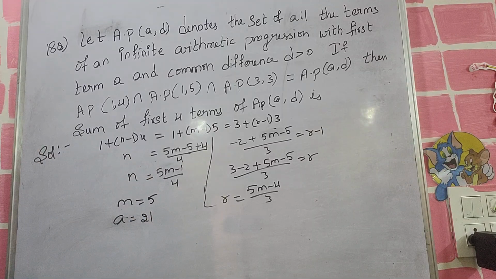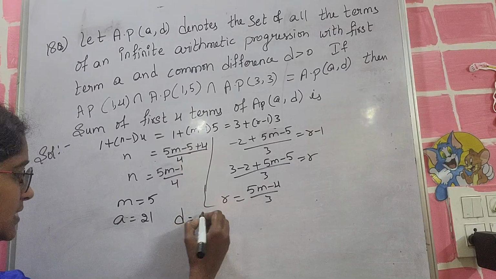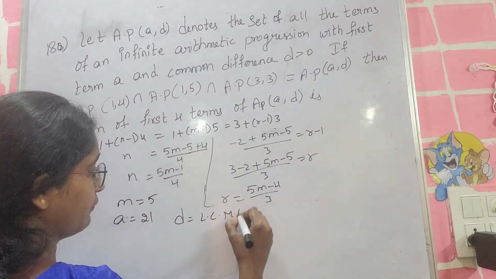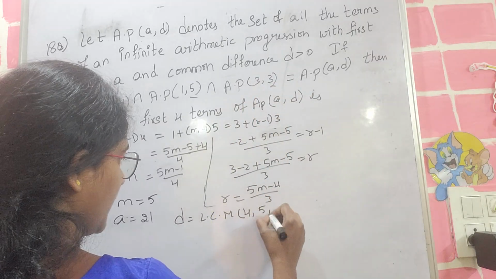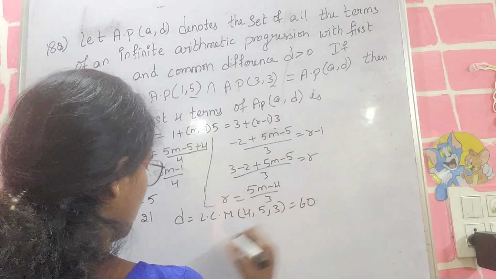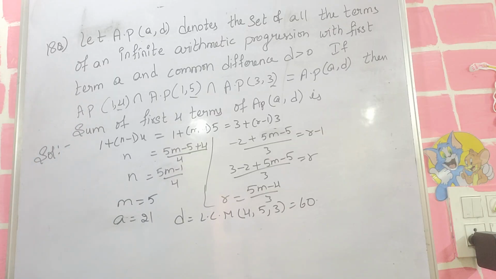Yes, 21 is your A value, and the common difference D is the LCM of all the common differences 4, 5, 3, which is 60. So D is 60 and A is 21.